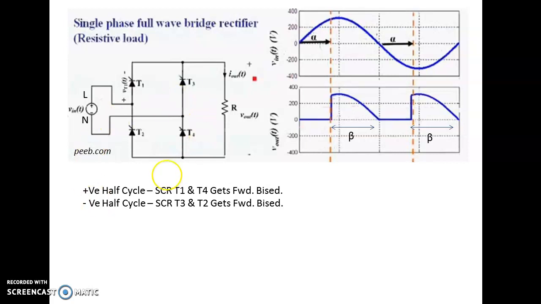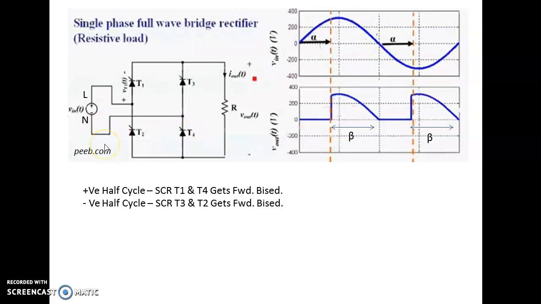Here we can see what happens in the positive half cycle. In the SCR bridge, this point becomes L and this point becomes N, that is, line and neutral. In the positive half cycle this point becomes L, so SCR T1 and T4 get forward biased.